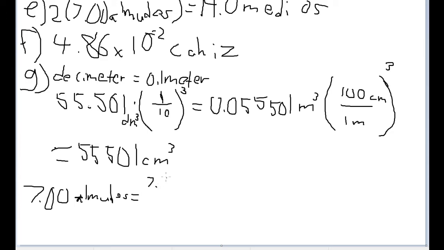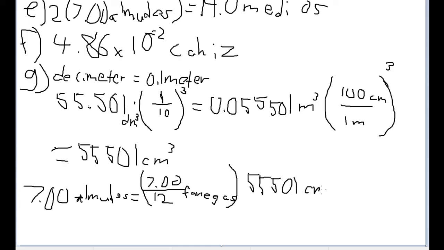So that's 7 over 12 fanegas, because that is the conversion factor we're using here, and multiply that by our number of cubic centimeters, 55,501 cubic centimeters.